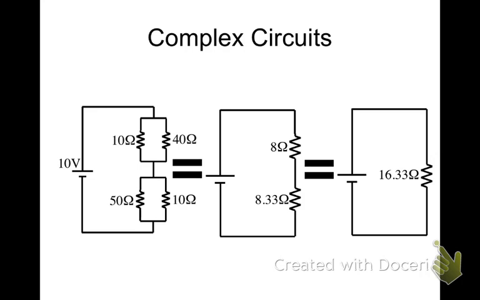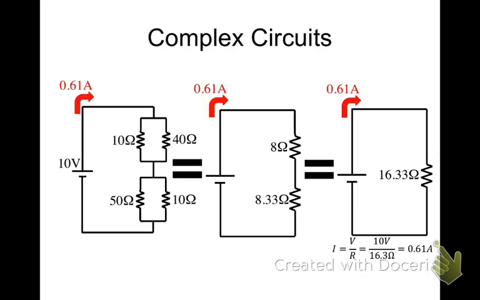From here, I can go backwards. I can say, well, 10 volts over 16.3 ohms is 0.61 amps. So I know it's 0.61 amps pushed by the battery every time. That just goes all the way back. That's the battery current. But I take one step back, and my 16.33 is actually two resistors in series. So what stays the same?